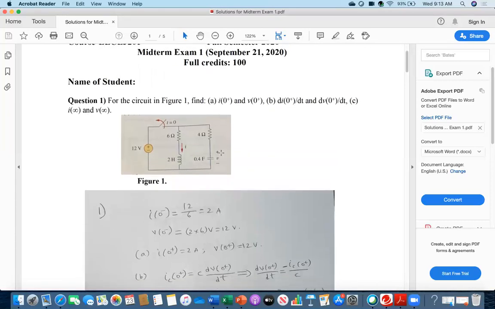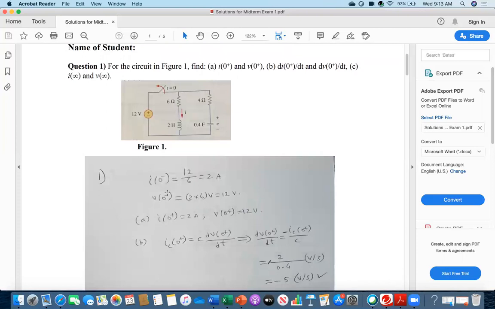The first problem was, for this circuit, find I0 plus, V0 plus, di0 plus by dt, dv0 plus by dt, and I infinity and V infinity. So look for I0 minus first, because that will be the same value for I0 plus.